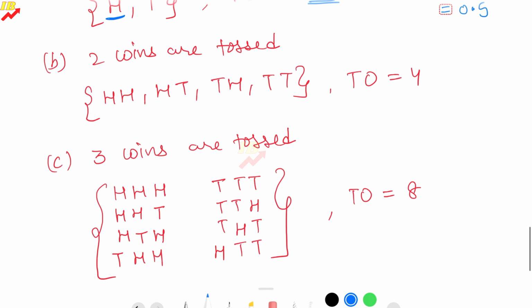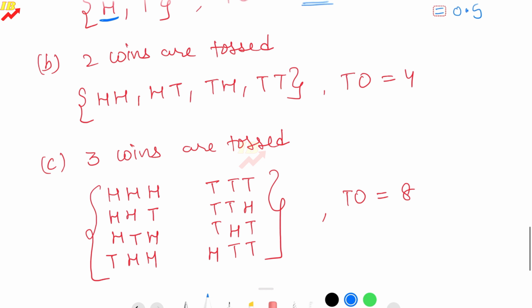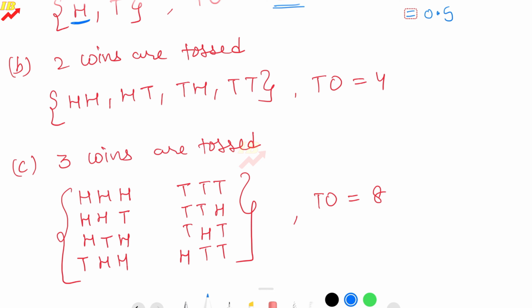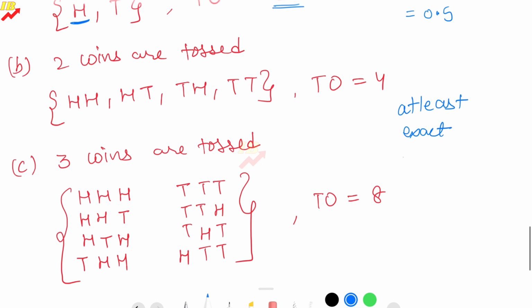Next one, if a coin is tossed 2 times. So I'm writing a few words here. Let's see if you guys understand it or not. One word is called at least, one word is called exact, and the next word is called at most. So these are the 3 main words which we can consider here, right?